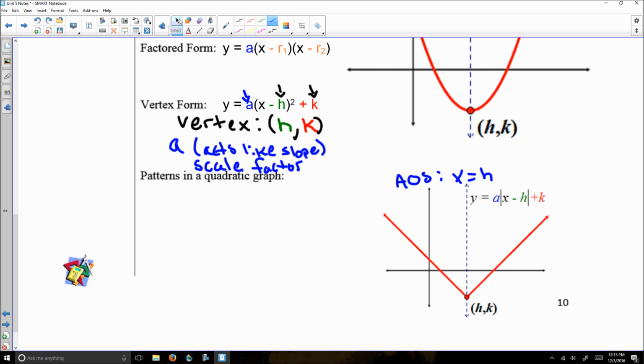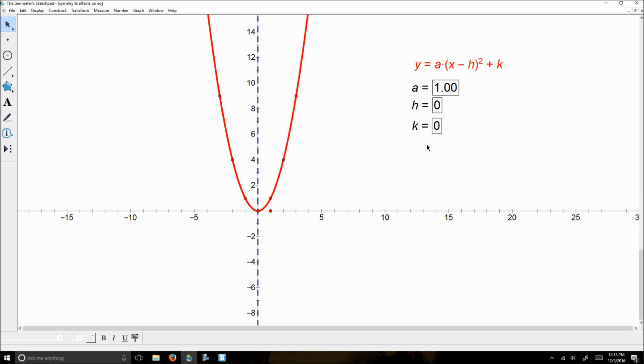Symmetry is helpful in graphing a quadratic equation because we actually only need to plot points on half of the graph. Here I have a quadratic equation written out in vertex form where the a is 1, the h is 0, and the k is 0.